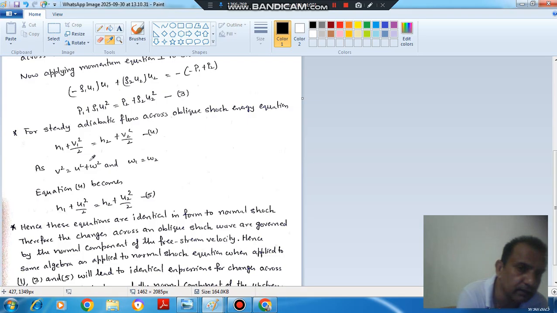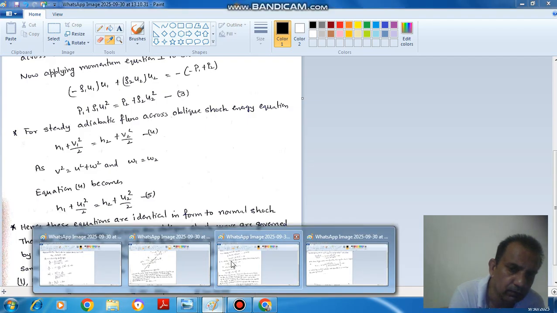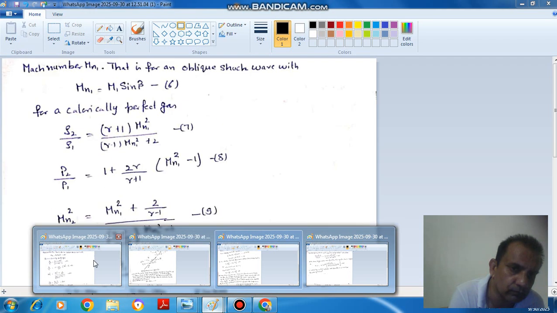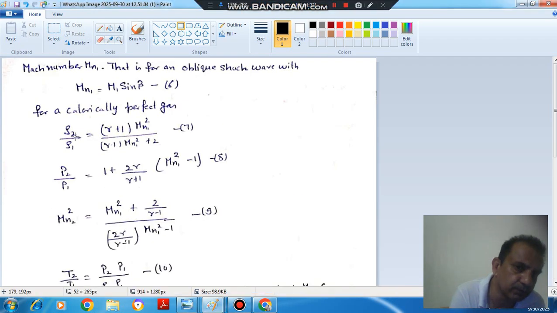All other relations that we derived in normal shock are also similar, except one change: we have to use the normal Mach number here instead of the absolute Mach number. So we derived the relationship for the density ratio, rho 2 by rho 1 is equal to gamma plus 1 divided by gamma minus 1.